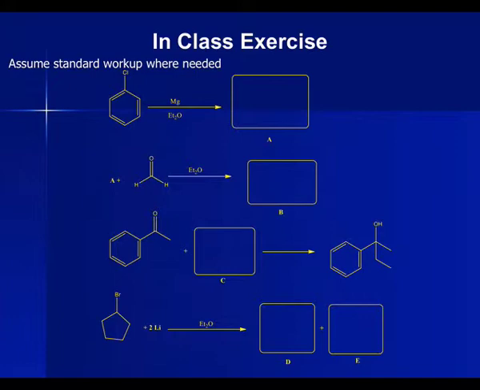A is the product A. It's your Grignard reagent. It's this. So A plus formaldehyde, what will that give me?